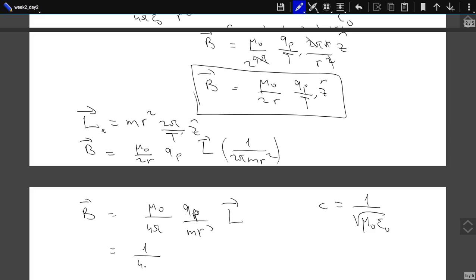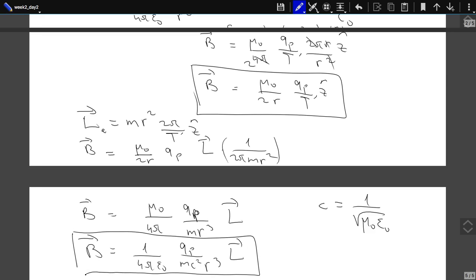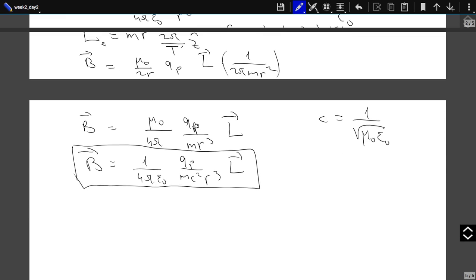So this is equal to 1 over 4 pi epsilon 0, q proton over m c squared r cubed, times L. So now we also know B. Now we know the perturbation.